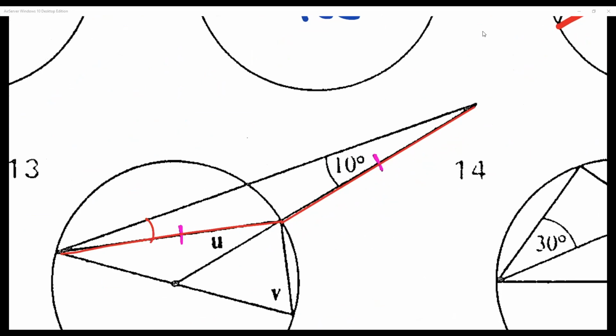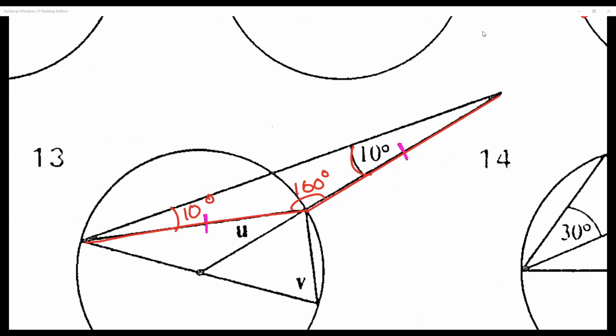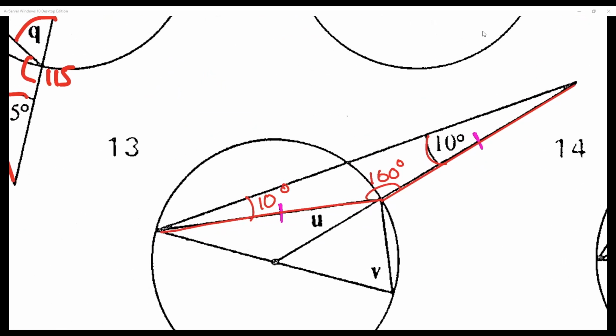That means these two are base angles of our isosceles triangle, so they both are 10. 10, 10 is 20. That leaves you with 160. Okay, what else do we know? So this length is the same as this length, because this is the center.